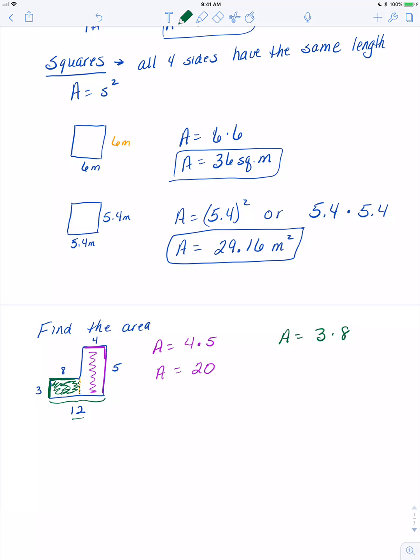Remember, we cut this off right there. So the area of that would be 24. So the area of the whole shape would be the 20 plus the 24. So that area of the entire figure would be 44. And whatever units it is, whatever we would say, meters squared or something like that.